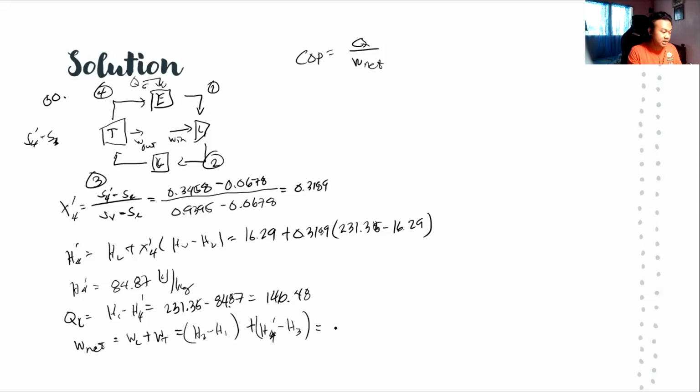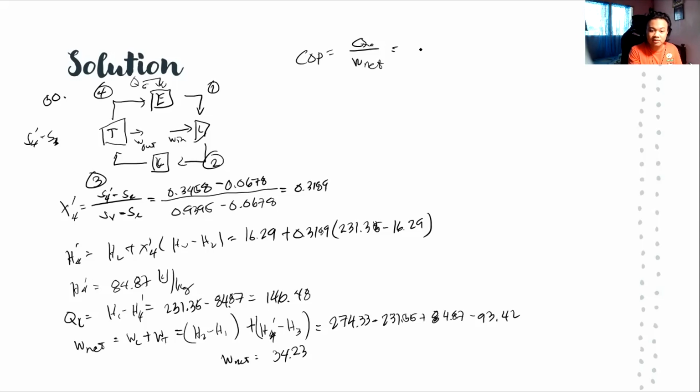Let's substitute 274.33 minus 231.35 plus 84.87 minus 93.42. So we get the net work, 34.23.